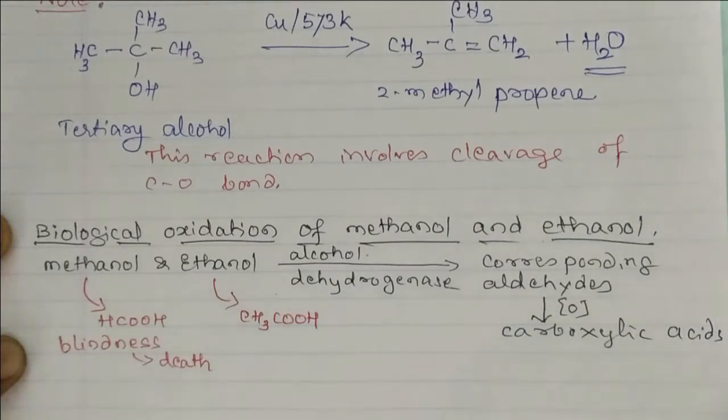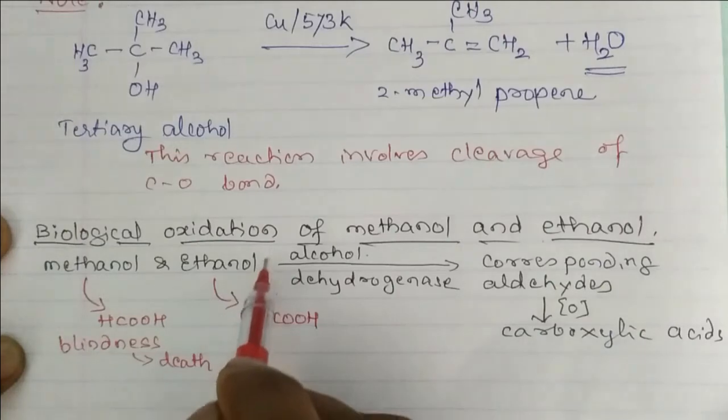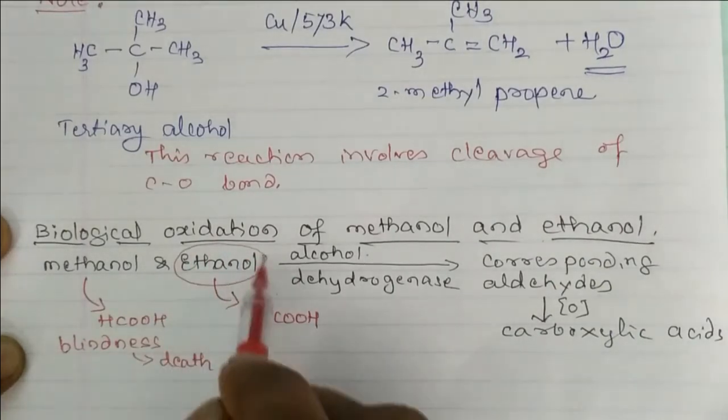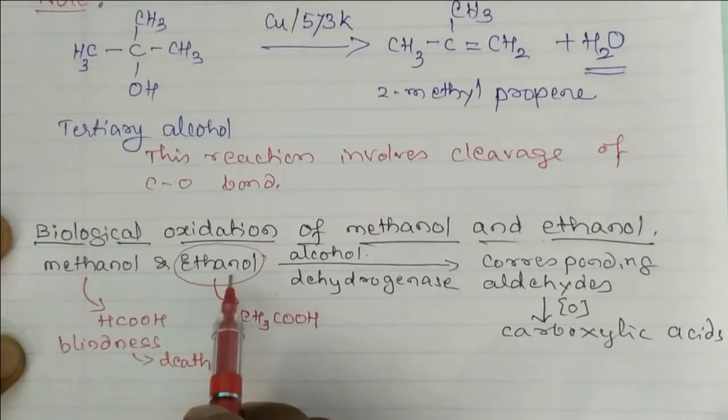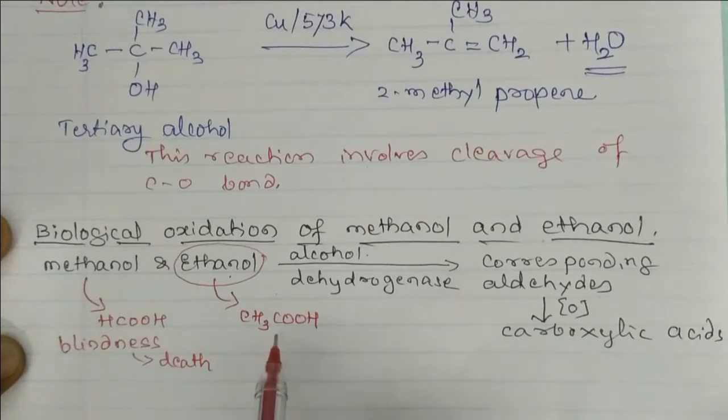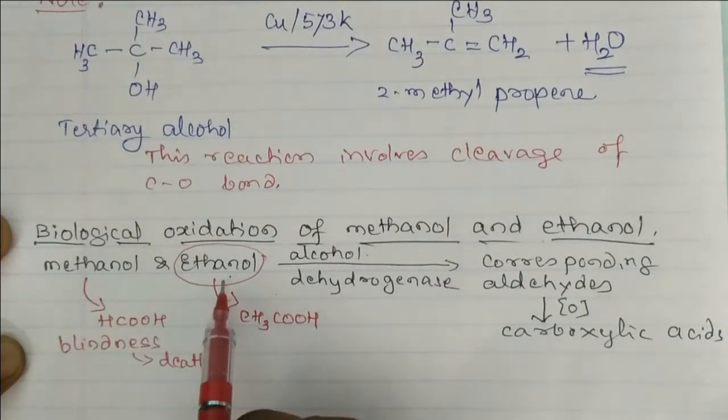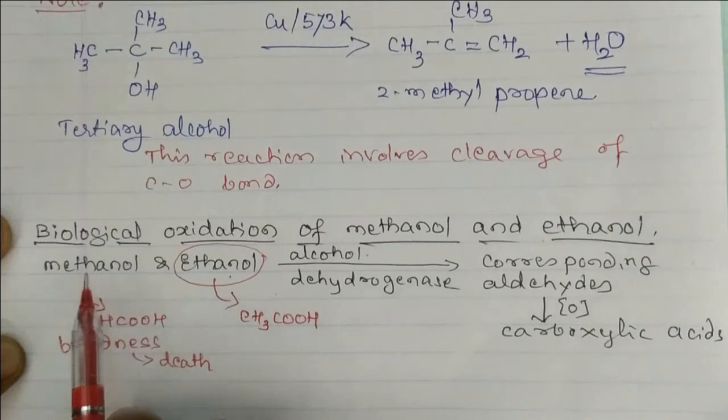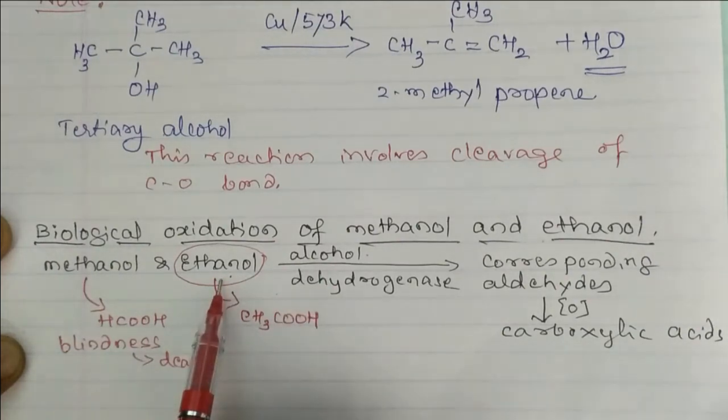In such cases, the patient is treated with intravenous infusion of dilute ethyl alcohol. The enzyme alcohol dehydrogenase has more affinity for ethyl alcohol. It converts ethyl alcohol into aldehyde, then into carboxylic acid. If more ethyl alcohol is there, the enzyme does not react with methanol because it has more affinity for ethyl alcohol.